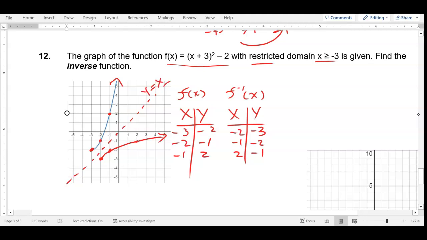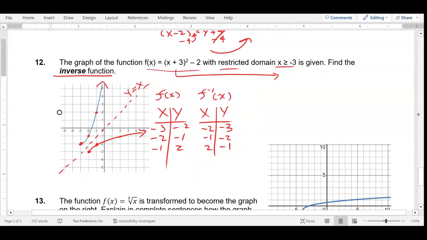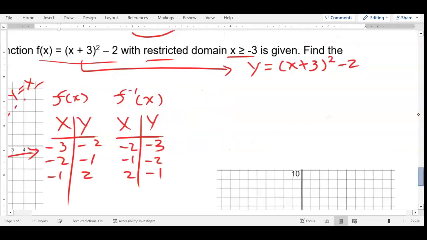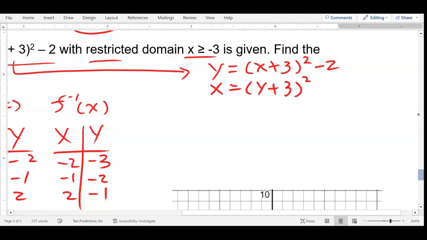So that's good. But it wants us to find the inverse function. So we're going to take this over here and do what we did on the last problem. F of x becomes y, and then switch x and y. And solving for y, the opposite of -2 is +2, goes after the x.